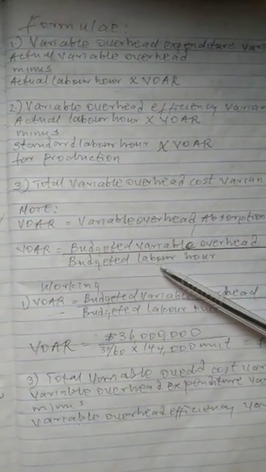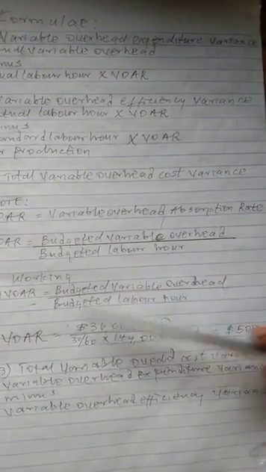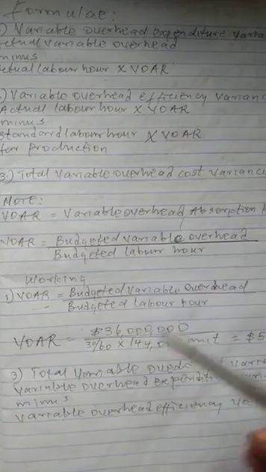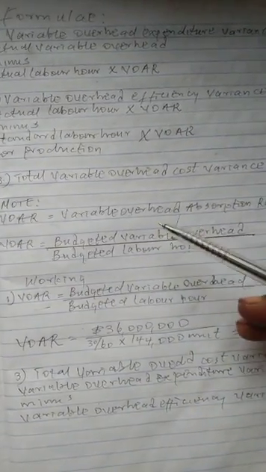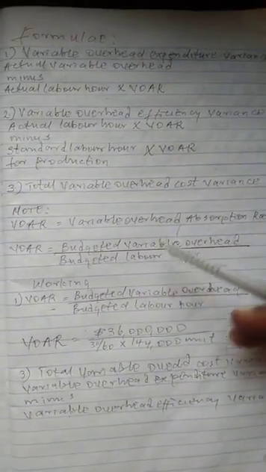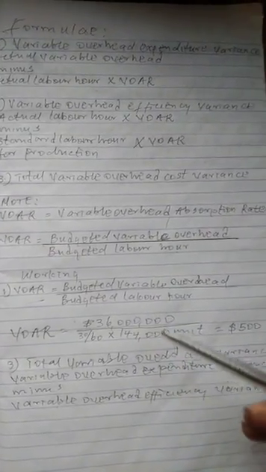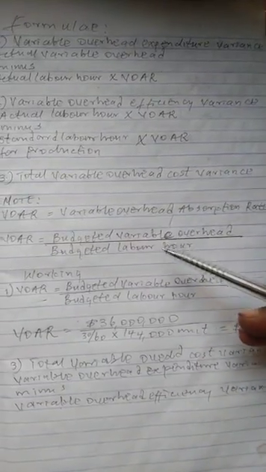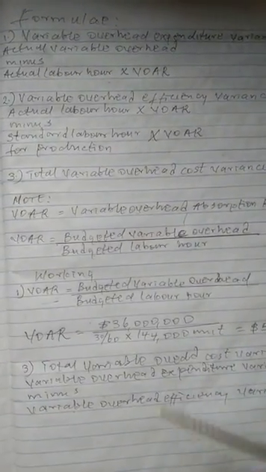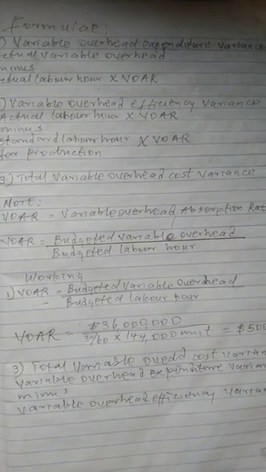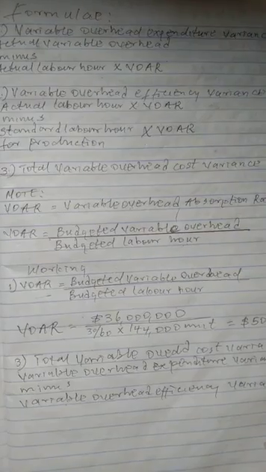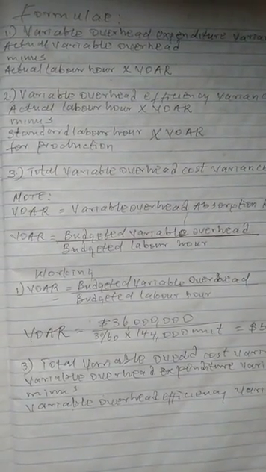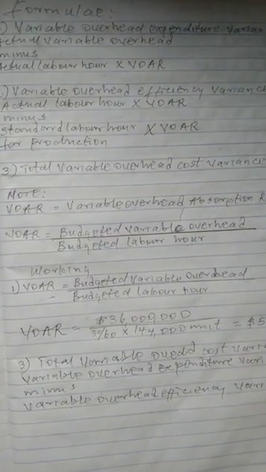Another tip is that when the actual is higher than the standard, you have adverse. And when the standard is higher than the actual, you have favorable. You must also know that when you are talking about the total variable overhead cost variance, you have to add up some variances.